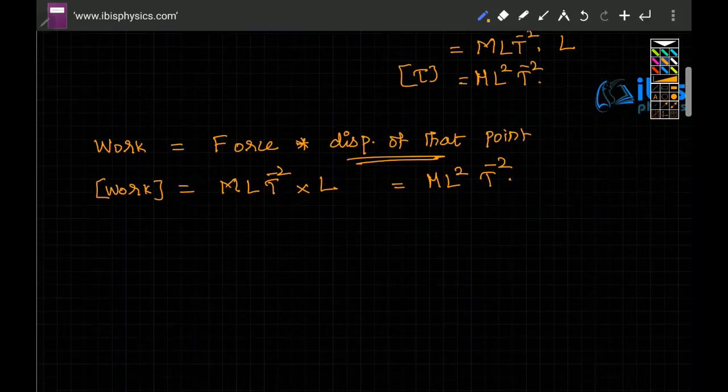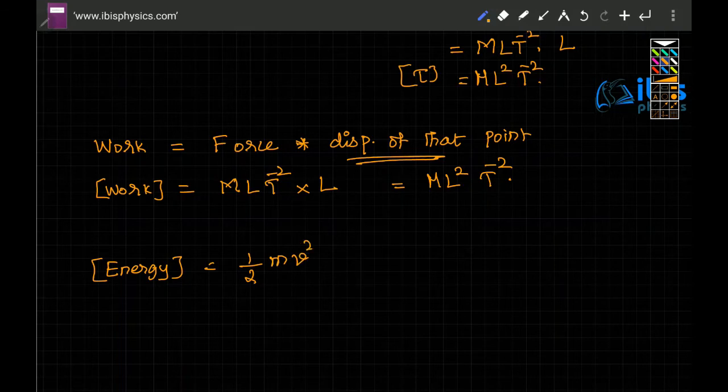Then energy can be any energy. The energy of a moving object we call kinetic energy. So the kinetic energy is half m v square, energy possessed by virtue of the motion. Dimensions of energy is dimensions of half m v square. Since the half, being a number, does not have dimensions, it is dimensions of mass multiplied by dimensions of velocity square.